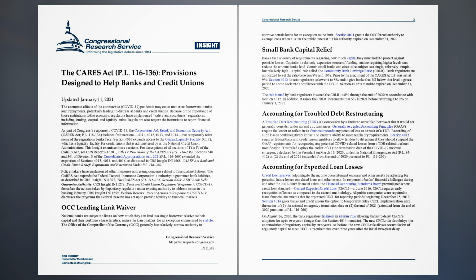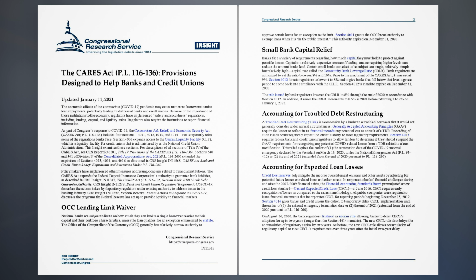Section 4014 gives banks and credit unions the option to temporarily delay CECL implementation until the earlier of 1. The National Emergency Termination Date, or 2. The end of 2021, extended from the end of 2020 pursuant to PL 116-260.